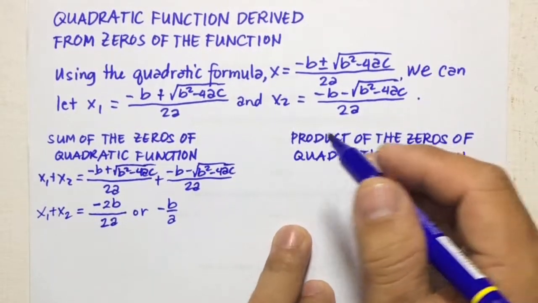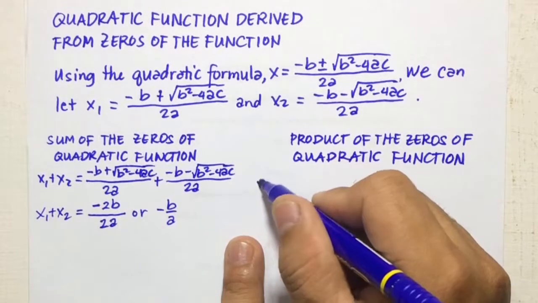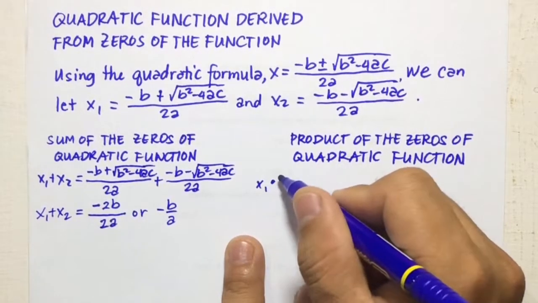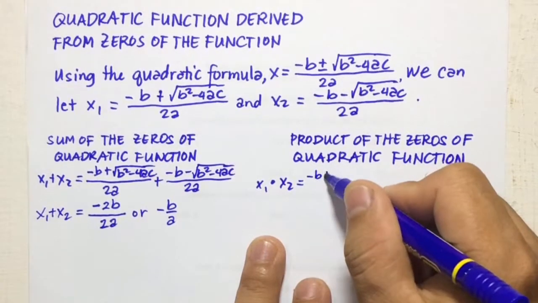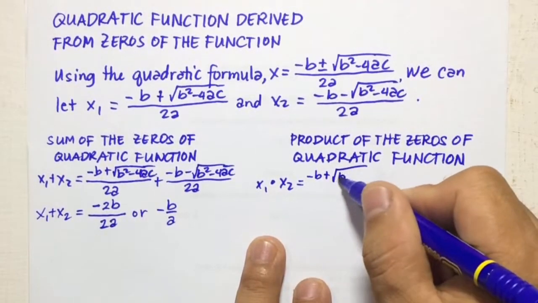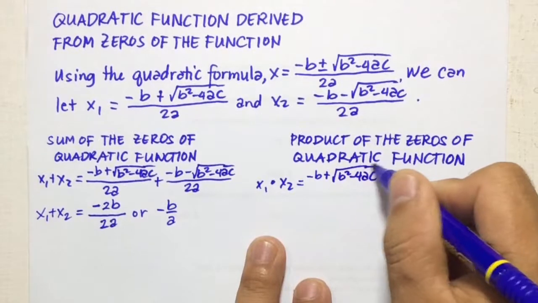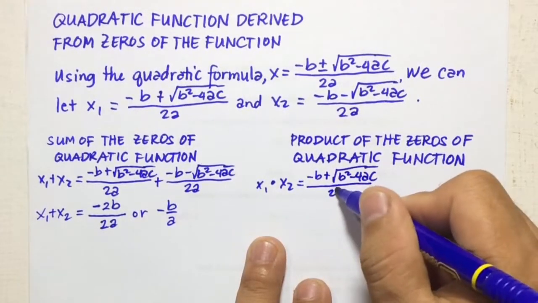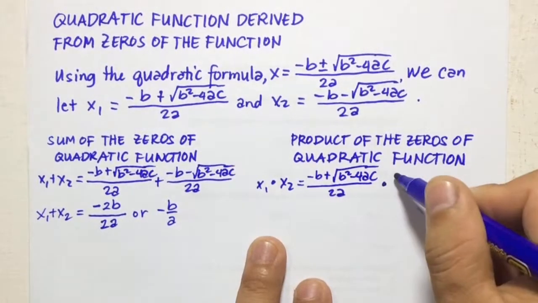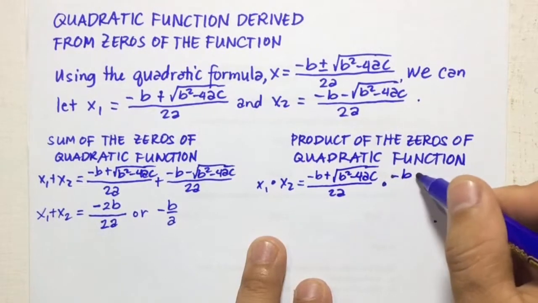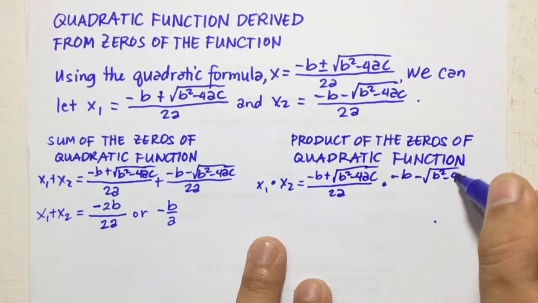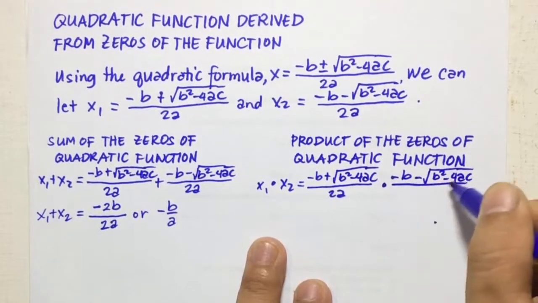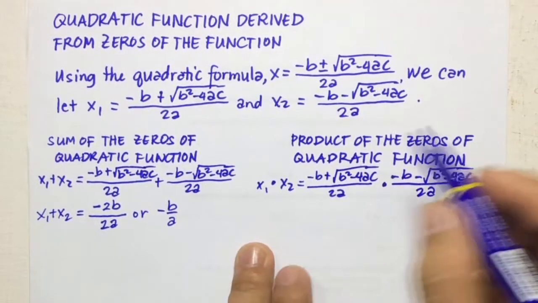Now if we're going to have the product, x1 times x2, we can have negative b plus square root of b squared minus 4ac over 2a times negative b minus square root of b squared minus 4ac over 2a.